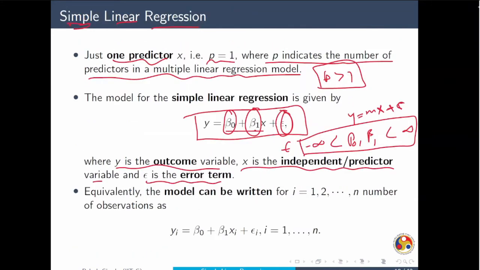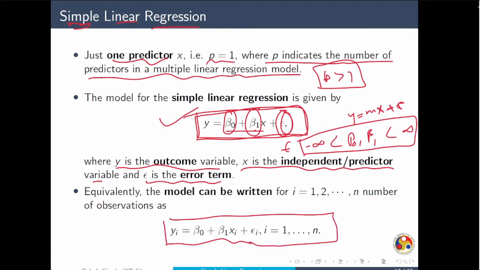So this is the simple linear regression model, and equivalently we can write it as a generic model. I'm not talking about any observation right now. The model can be written as yi equals beta naught plus beta 1 xi plus epsilon, where i denotes the observation number.